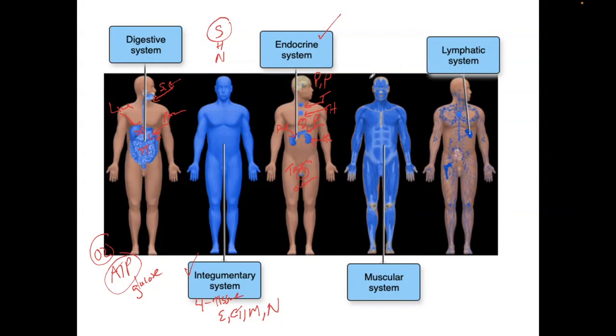Okay, the muscular system, when we do the muscles, we'll cover it by doing all the axial muscles, and then we'll focus on the appendicular muscles, the upper and lower extremities. Muscles contract, they generate heat.